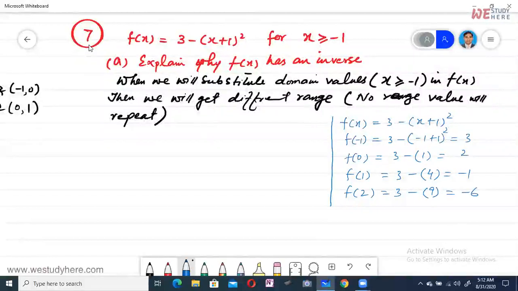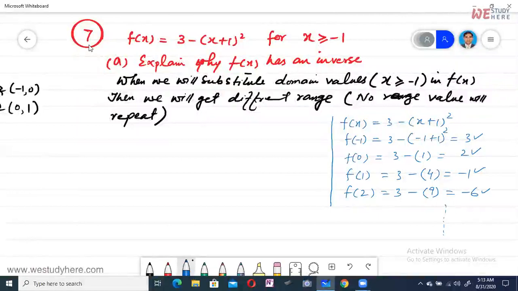Now you can see that for every domain value, -1, 0, 1, 2, we are getting a different range value. In the range values, no repetition is there: 3, 2, -1, -6, and then further different values. This is the reason.